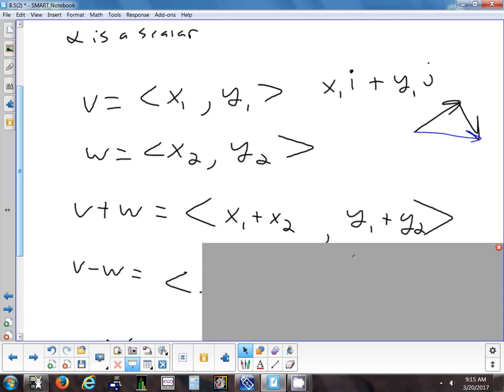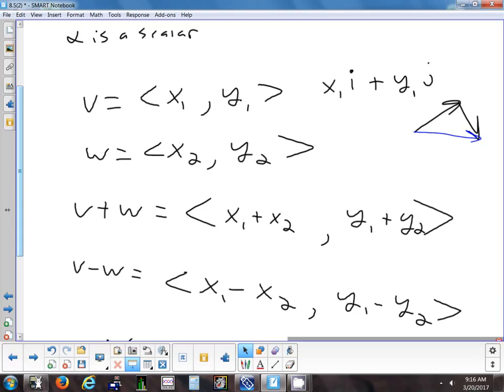Well, it depends on the order you're subtracting, if we're doing v minus w or w minus v. In this case, it's v minus w. So it would be x1 minus x2. Keep it in the same order. And y1 minus y2. So now this formula takes the place of when we had to subtract vectors.